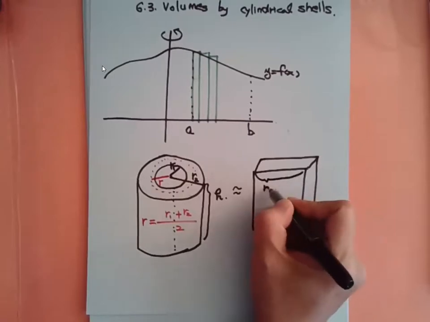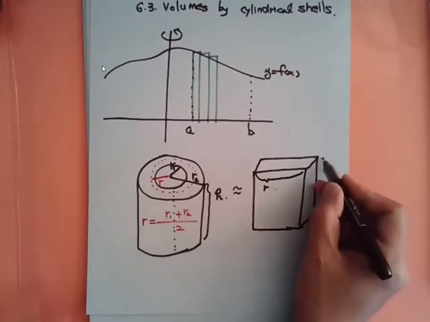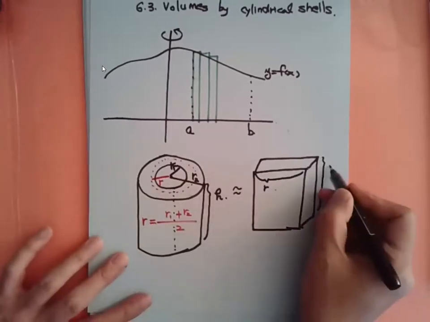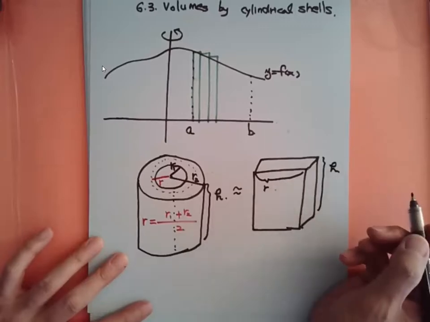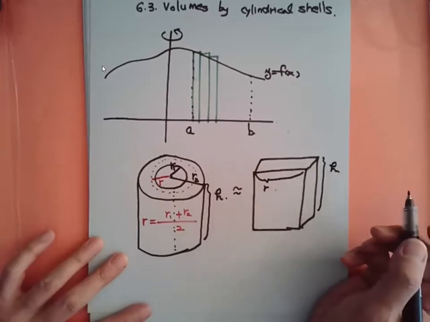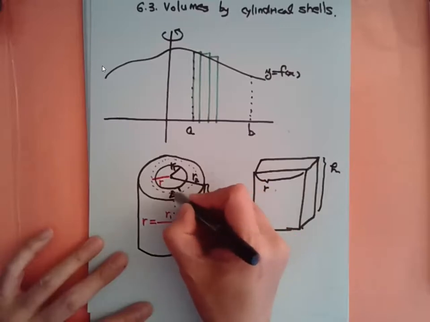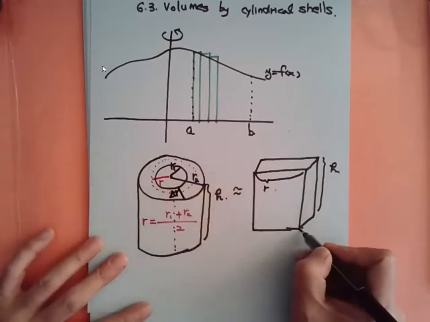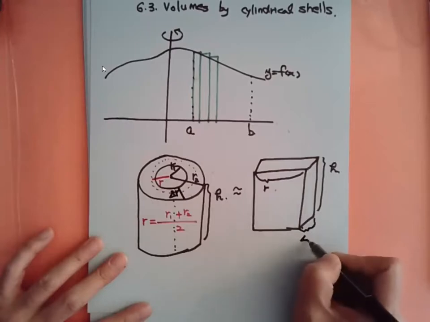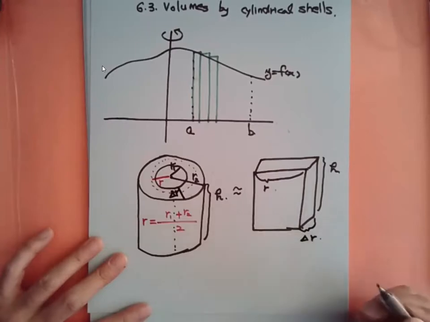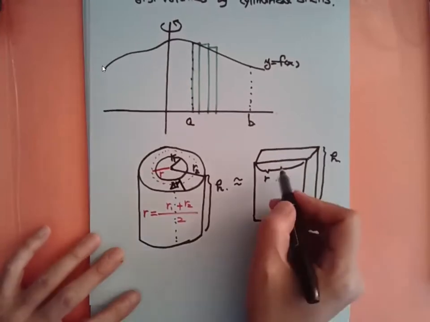This is r, and this is h. And this thickness can be denoted by delta r. So this is not r.